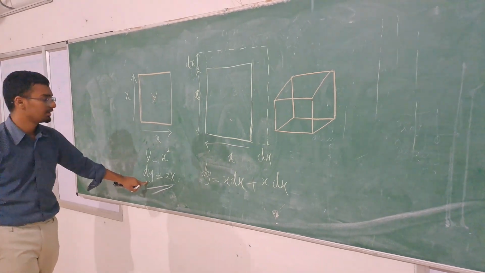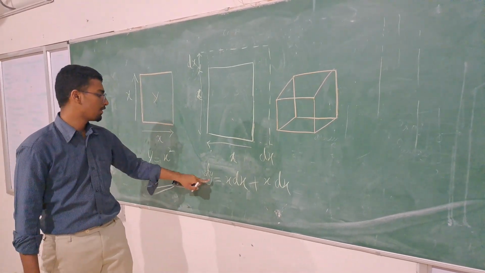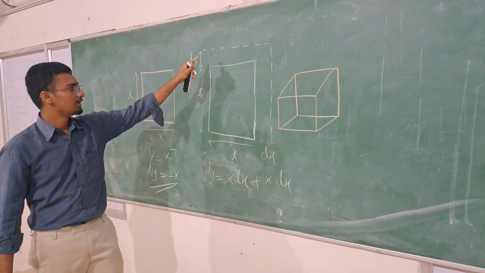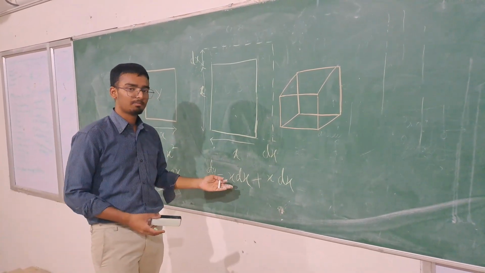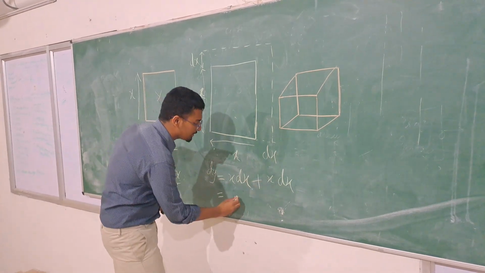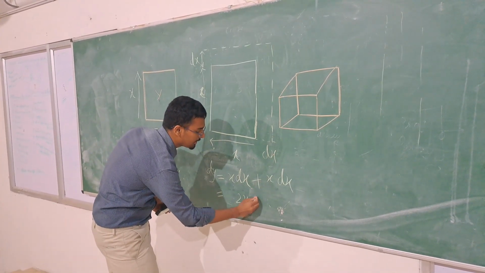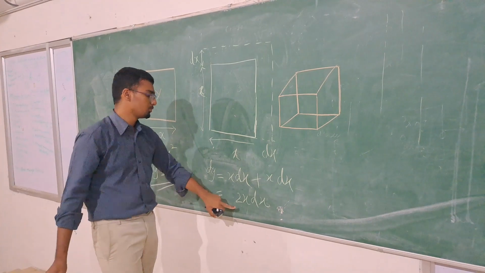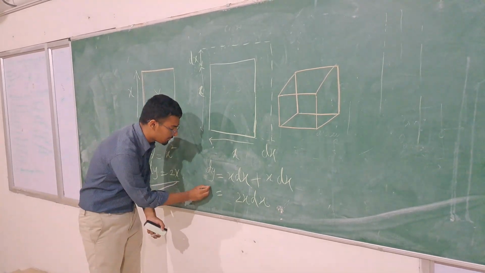As mentioned earlier, I have elaborated by drawing the dotted lines and mentioning the dx. So after summing these two things, 2x dx, which implies the dy.